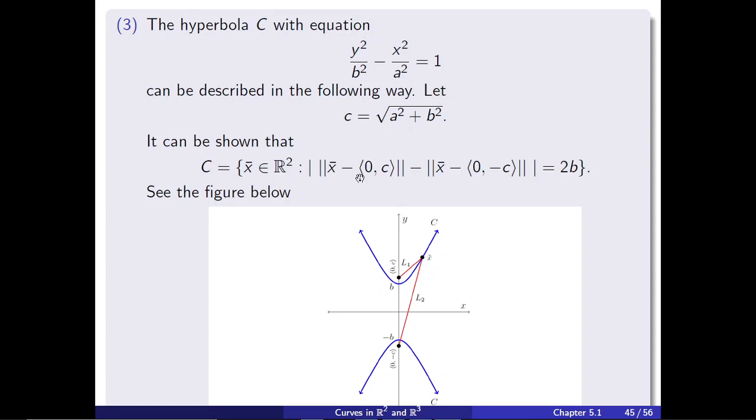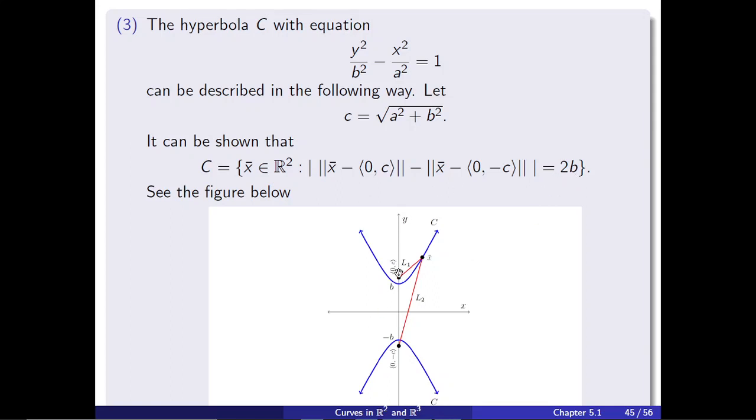is the set of all points x for which the absolute value of the norm of x minus (0, c) minus the norm of x minus (0, minus c) is equal to 2b.